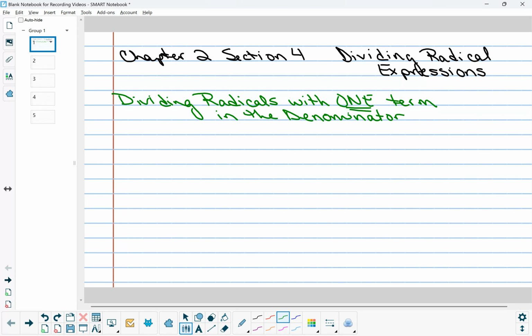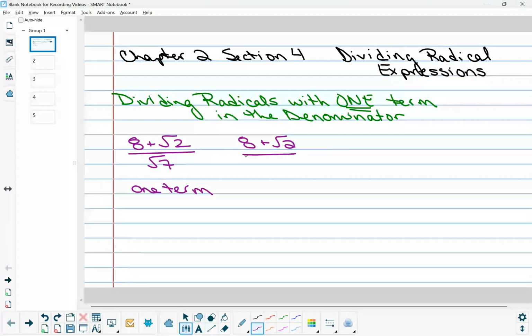Okay, and when we're talking about one term, your terms are separated with a plus or minus sign. So let me show you what I mean. All right, here's an example. That has one term in the denominator. This has one term in the denominator.